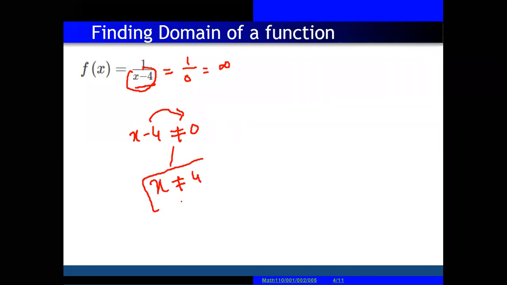All values are possible except one value, that is 4. When you give x equal to 4, so this function will be undefined.